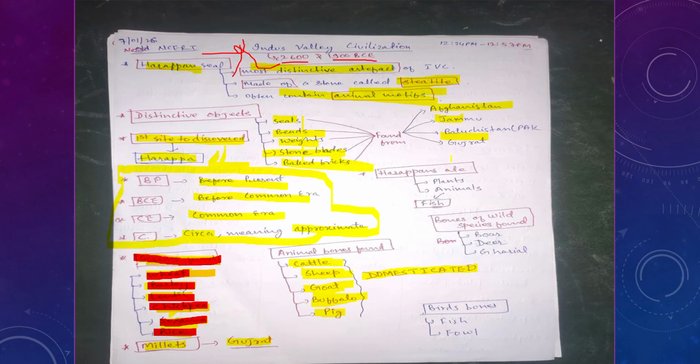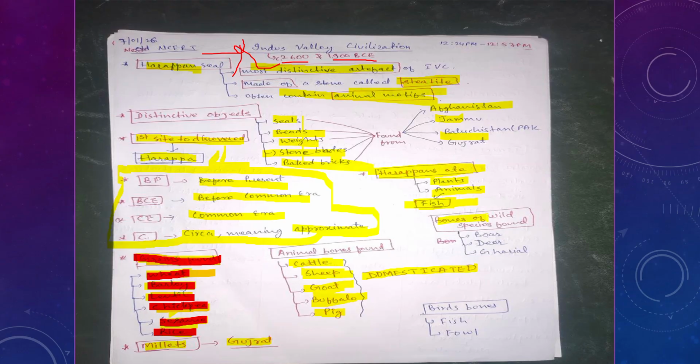Now let us see something more. What were the things that used to be eaten by Harappans? Harappans used to eat plants and animals, including fish. So fish were known to Harappan people.